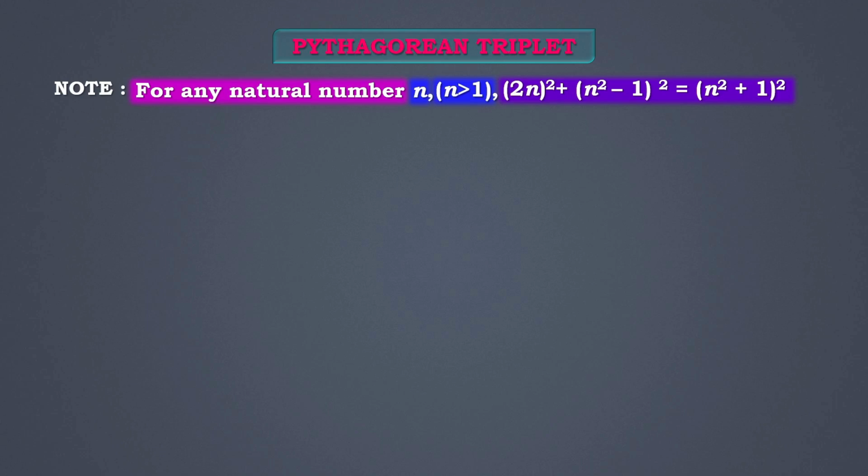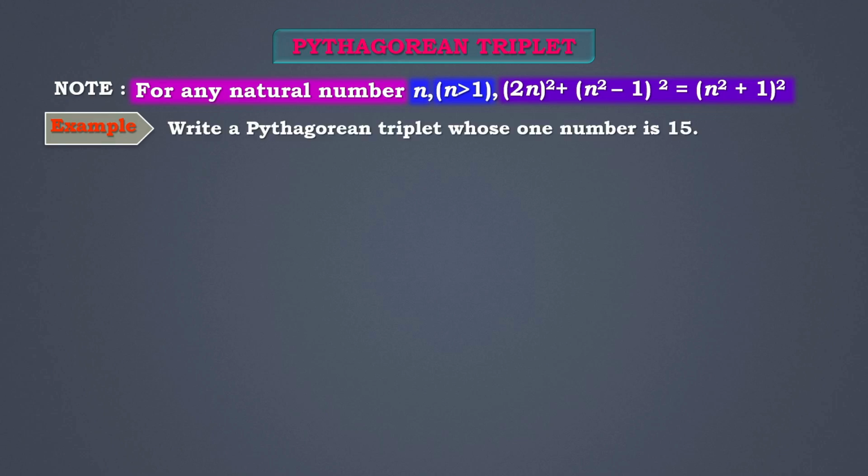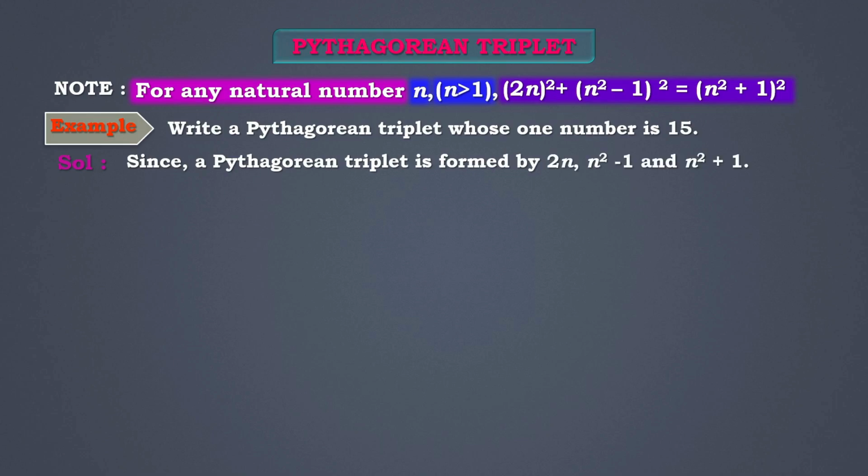Let us take an example. We need to find a Pythagorean triplet where one number is 15. First, assume n square minus 1 is equal to 15. So, n square becomes 16. Therefore, n is equal to 4.